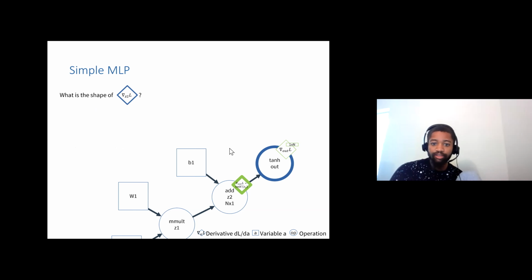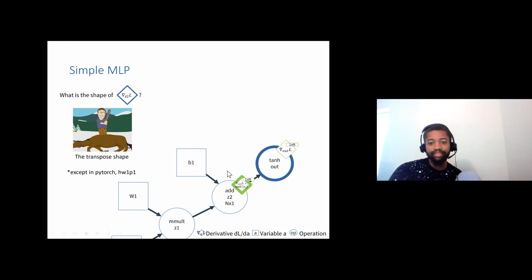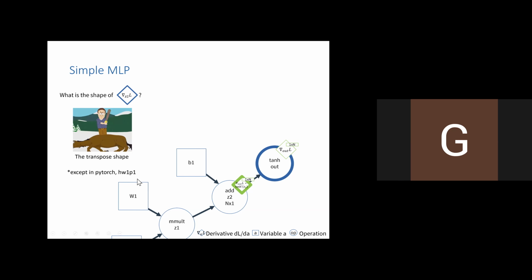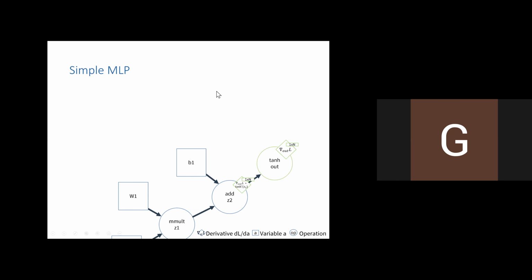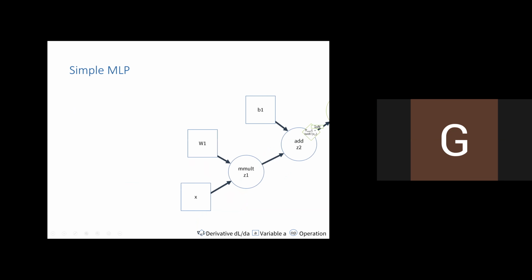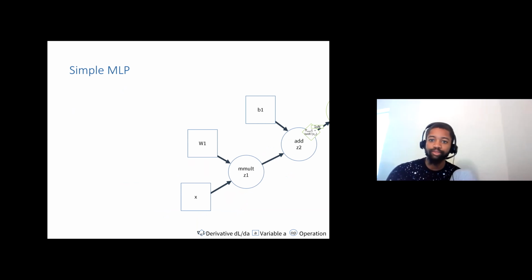Z2 is n by 1, and so the gradient with respect to Z2 is going to be the transpose of that. We don't have this in PyTorch, but it would just be 1 by n. Gotcha. Okay, so now we're going to continue downwards.